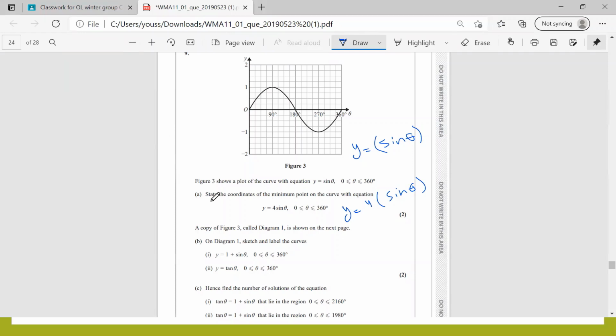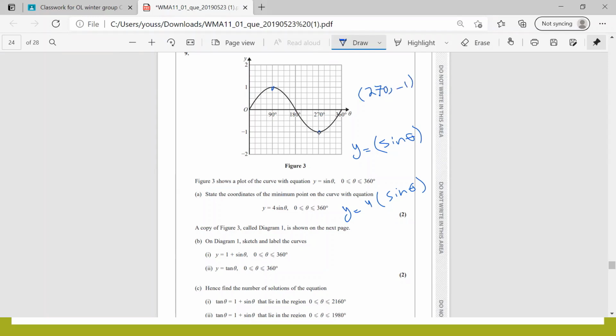The question says state the coordinates of the minimum point on the curve of the equation y equals 4 sine theta. The new graph y equals 4 sine theta has been stretched vertically. We need the minimum point only. As you see here, we have one maximum point and one minimum point. The old point for the original graph is 270 and -1.